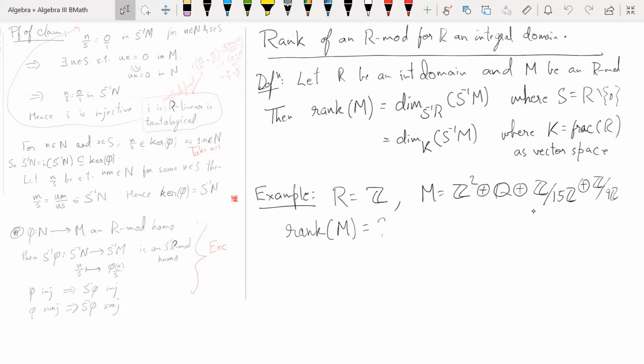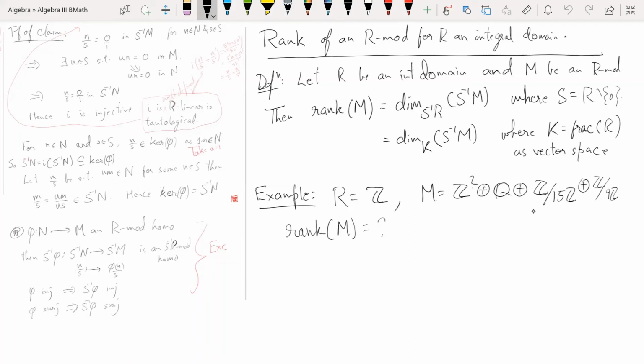So let R be an integral domain and M be an R module. Then the rank of M is the dimension of S inverse M. Remember, S inverse M is an S inverse R module. So it's the dimension of S inverse M as an S inverse R module, where S is R minus 0. If you take S to be R minus 0, S inverse R happens to be the fraction field of R. So this dimension makes sense as a vector space.